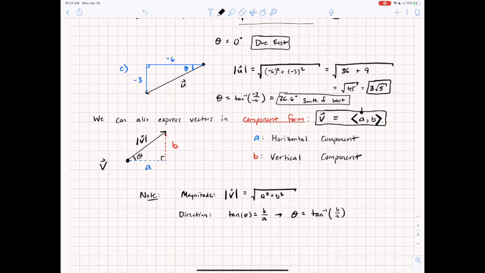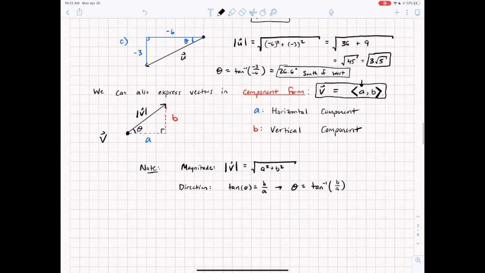All right, and so we have this new way to write a vector in terms of its components instead of sketched or given an initial point and terminal point. One thing I want to point out is, if we look back at example 1, that was a vector v where we were told that we had an initial point of (1, 2) and a terminal point of (4, 6).